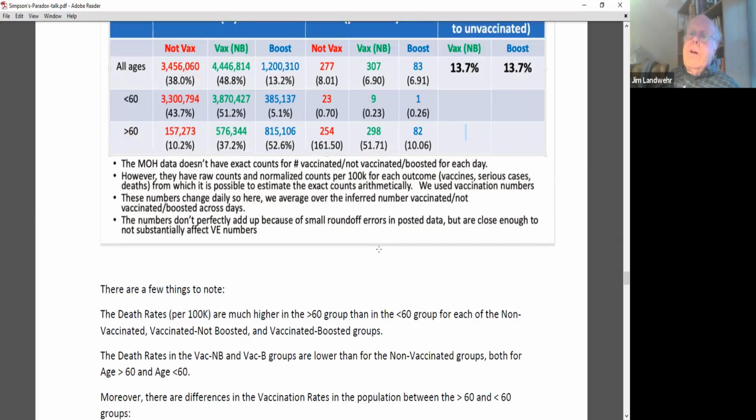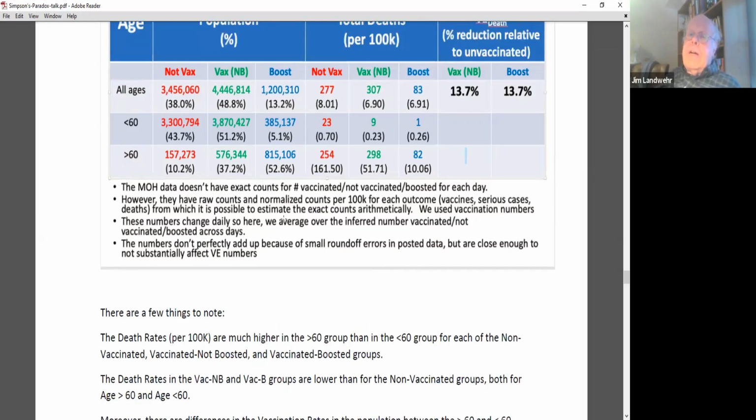Now, another point is that the vaccination rates are different between the two age groups. If we look at the over 60 group, 53%, there's 52.6 there, is boosted, but of the less than 60 group, only 5% is boosted. On the other hand, 10% of the people over 60 are not vaccinated, and 44% of the people under 60 are not vaccinated.